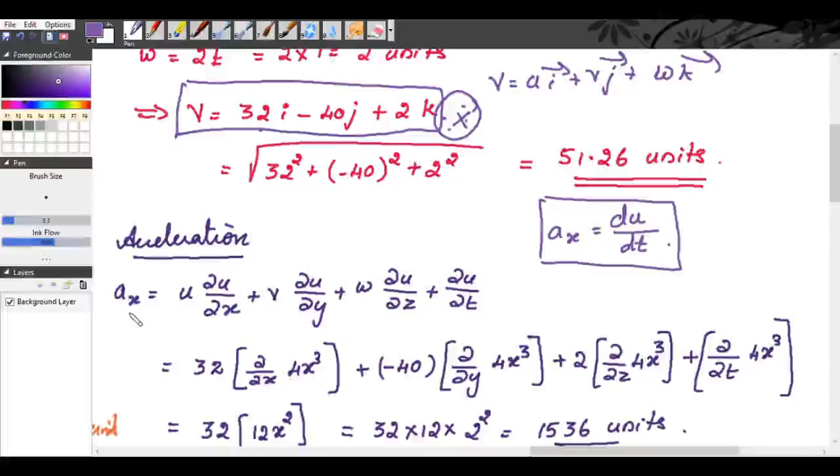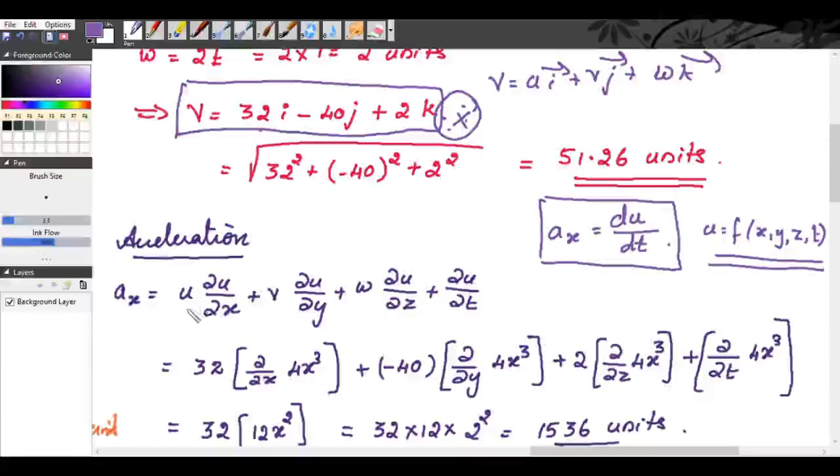This is the acceleration component in the x direction. The reason is u is a function of x, y, z and t. That is why a_x is equal to u ∂u/∂x plus v ∂u/∂y plus w ∂u/∂z plus ∂u/∂t, because it is a function of x, y, z and t.